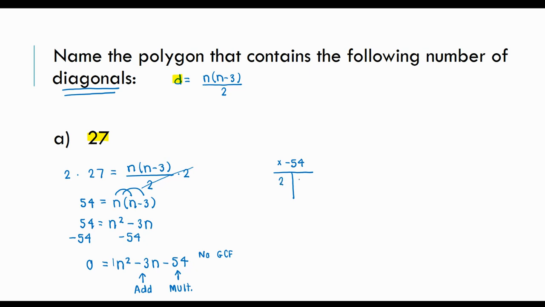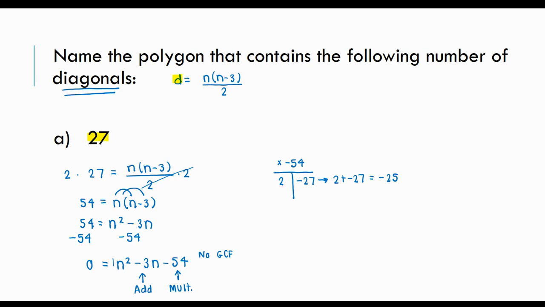So if I make 2, then it would have to be negative 27, because 2 times negative 27 will multiply to negative 54. If I then add those two numbers, I want to get a number of negative 3. Notice that that's going to give me negative 25, which is definitely not the number that I want in the middle. So while I found two numbers that multiplied to negative 54, they're not going to add to my middle term. And if I try to switch the signs, it's not going to get me any closer to getting negative 3.